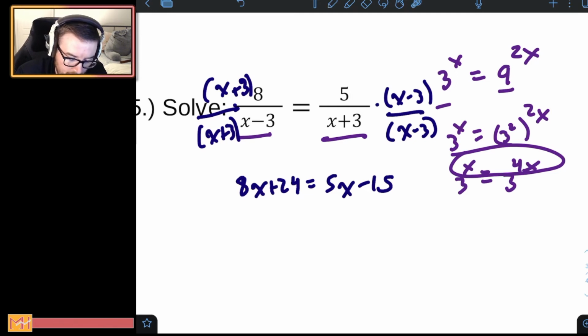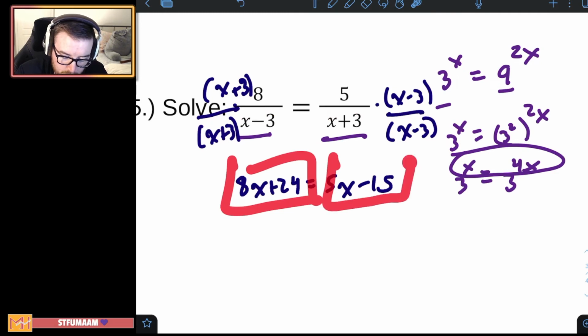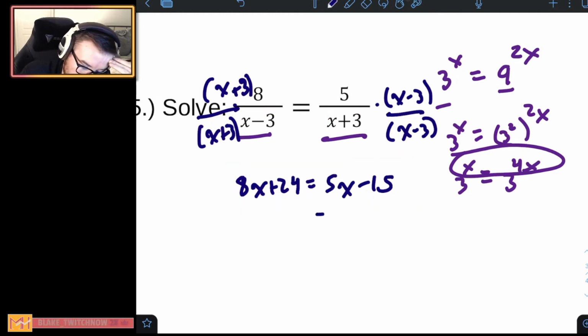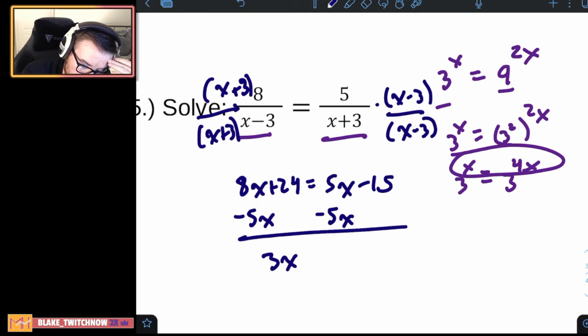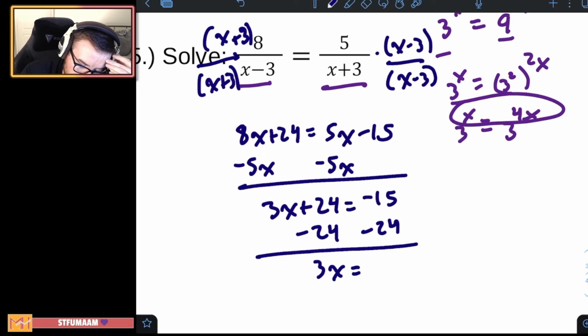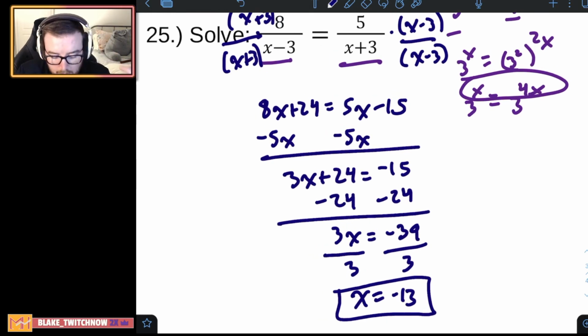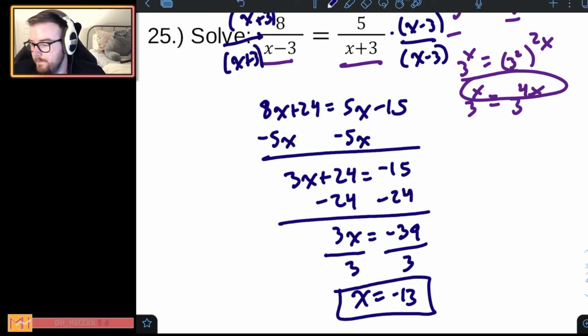Once we get a common denominator, we can just focus on the numerators and solve. X equals negative 13.